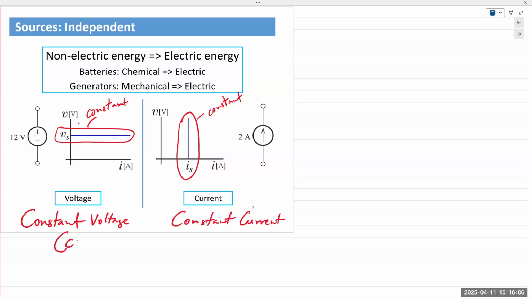CV and CC. If you operate a power supply in constant voltage mode, it's a voltage source. If you operate the power supply in constant current mode, it's a current source. The exact same operation.